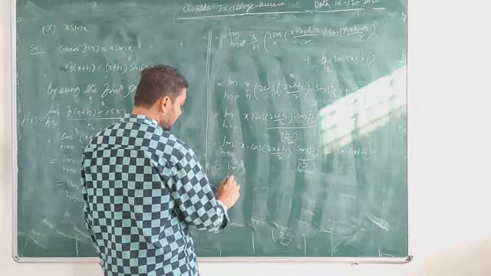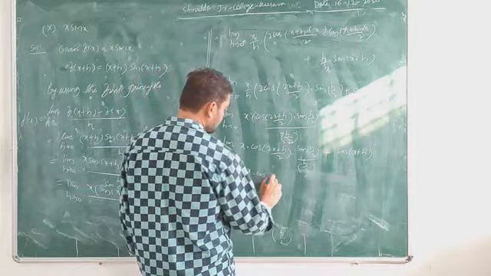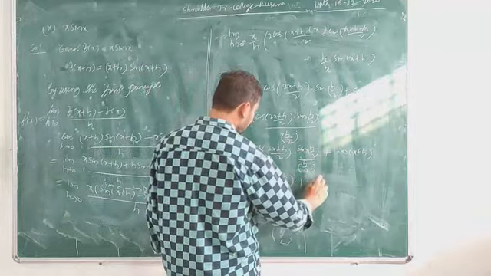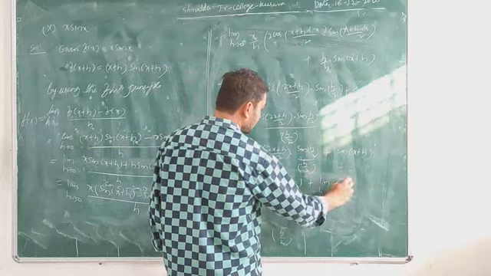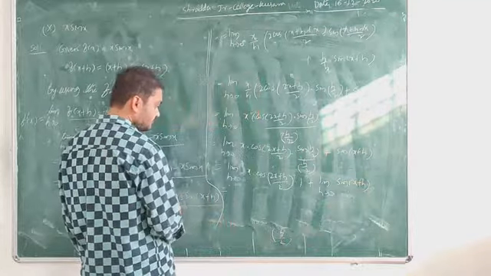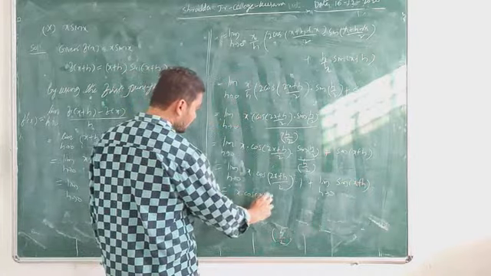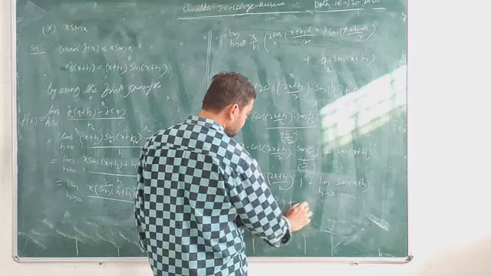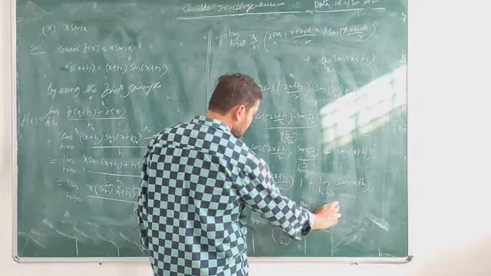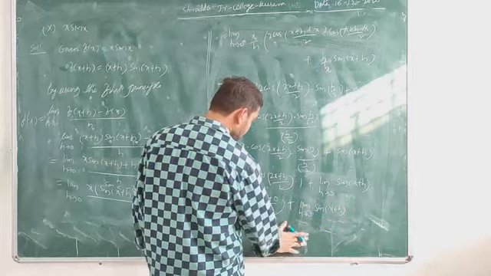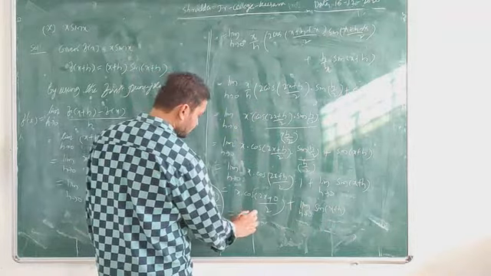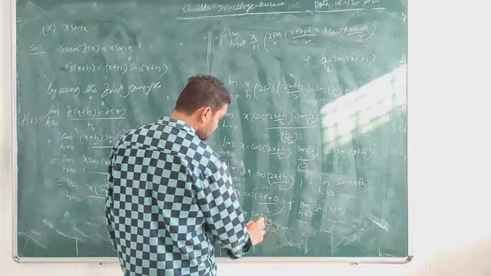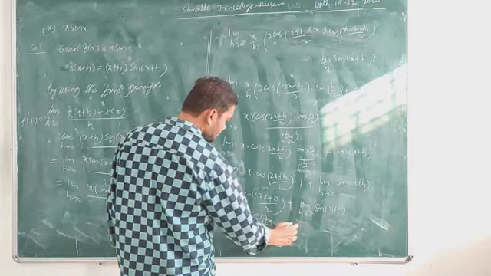This is equal to limit h tends to 0, x into cos of (2x+h)/2 into sin(h/2) by (h/2), which is 1, plus limit h tends to 0 of sin(x+h). So x into cos of 2x by 2, h is 0, plus sin x.